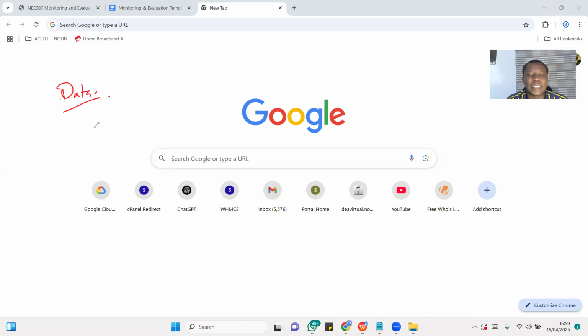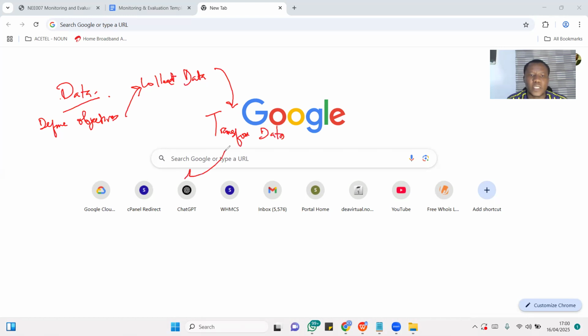So data here, we're asking ourselves, we want to first define some objectives. We want to collect data. We want to transform that data, and I'll explain each of the processes.